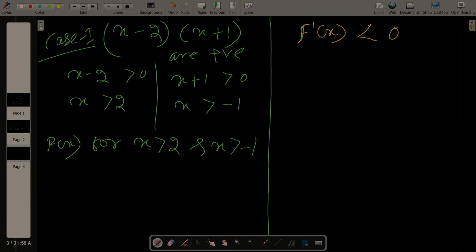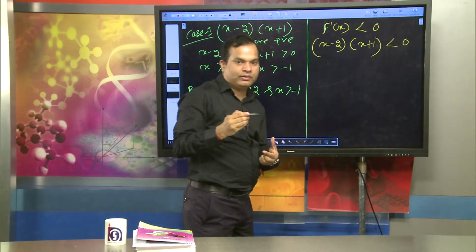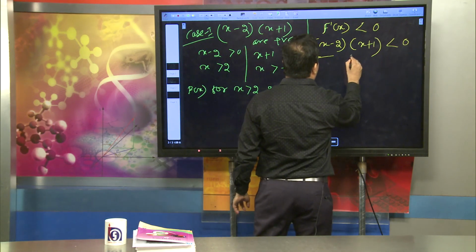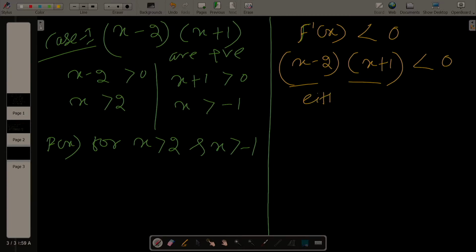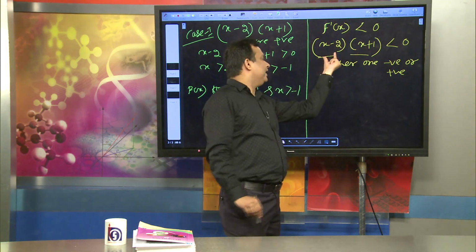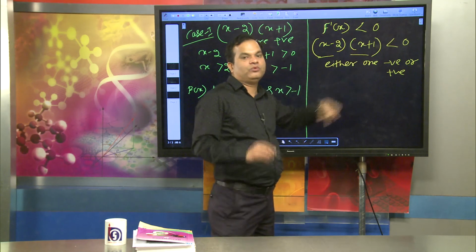This is case 2, where the product of x minus 2 and x plus 1 is negative. The product of two factors will be negative if either one is negative and the other is positive. That means x minus 2 is negative while at the same time x plus 1 is positive.